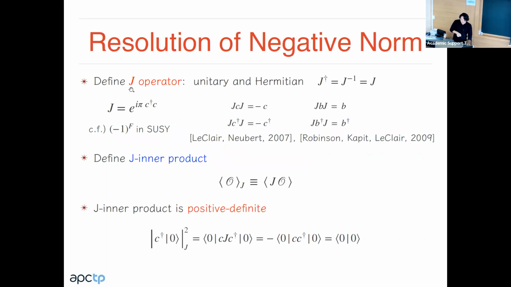So you can define a J operator, which is very similar to the exponential of the number operator of C. By the way, did you check that your transformation? Then probably your transformation has a problem.